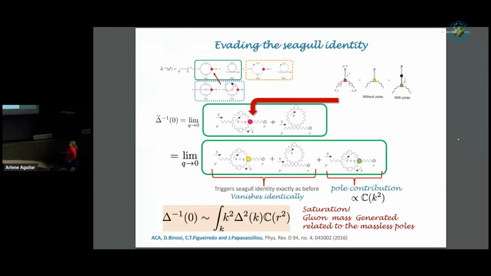So in the limit of q going to 0, the inverse of the gluon propagator is going to be proportional to this C-fat, which is related to the massless pole that I include in my three-gluon vertex. So the saturation of the gluon mass is related to the presence of this massless pole.